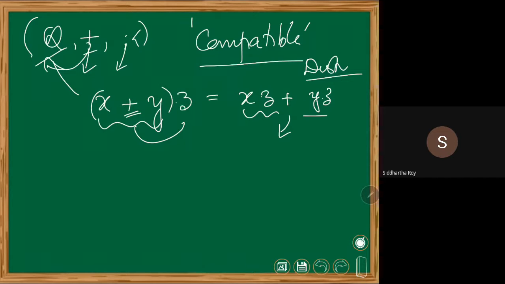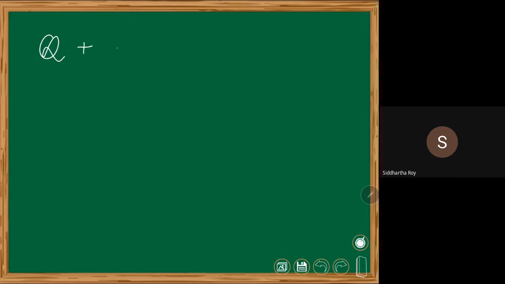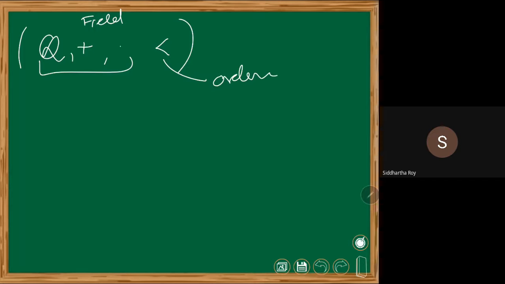Finally, you are talking about order structure, whether the ordering is also coming from this relation. So my question was something like this. Up to this you have the field part. Then you have less than. So what do you mean by this giving you the order? So for an ordered field, whenever you are using the terminology, you are expecting some kind of compatibility with these structures.